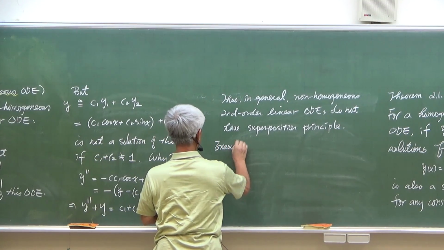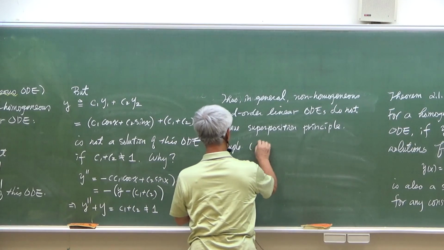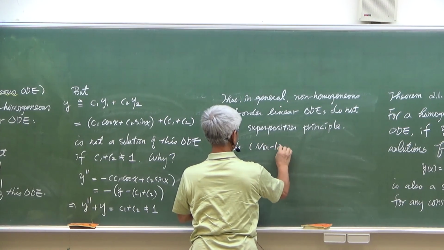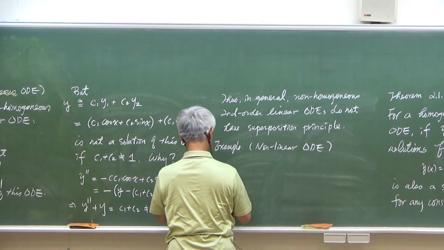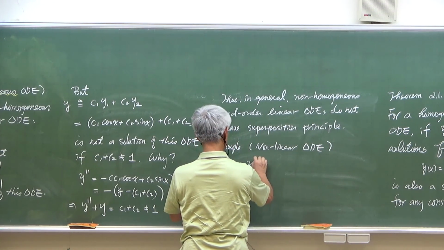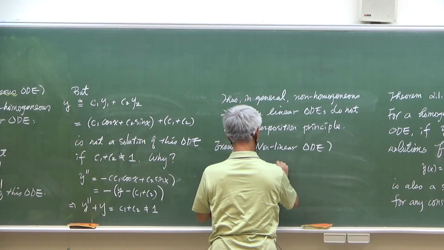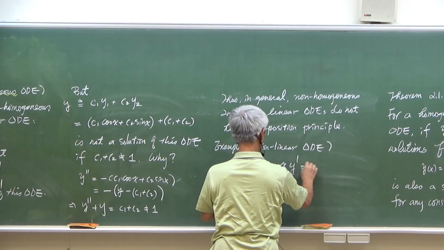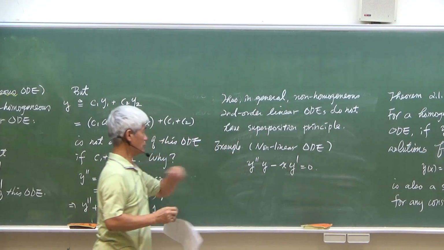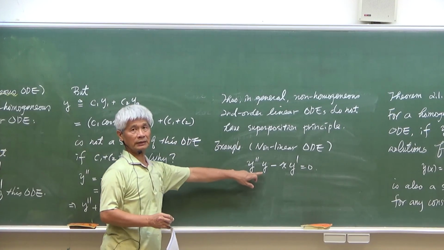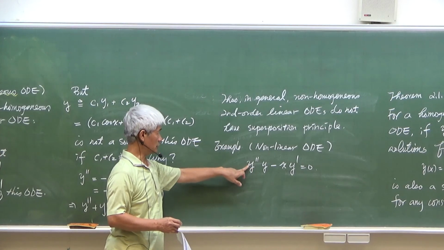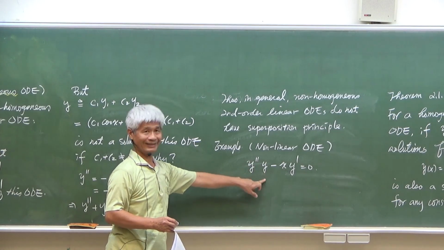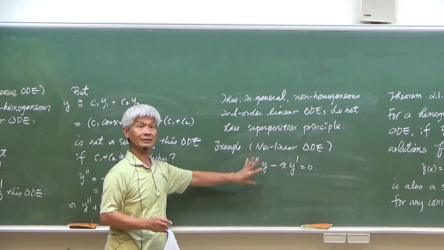Another example, a nonlinear ODE. Okay, so consider this ODE, equal to 0. It is nonlinear because we have a term which is the product of the second derivative y'' and y. So it is nonlinear.